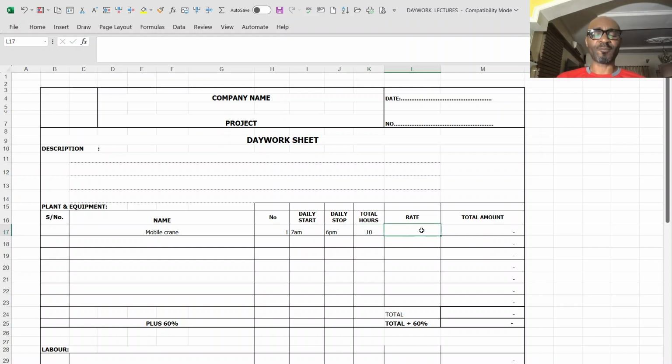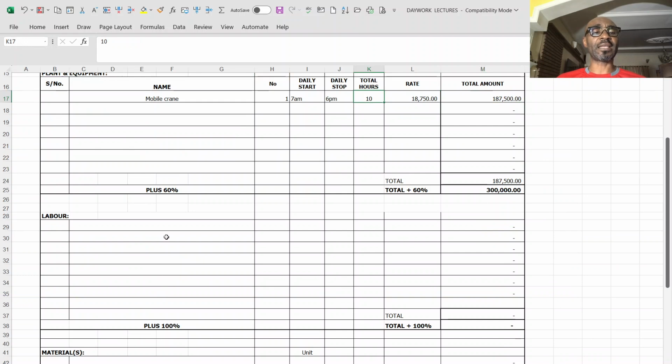Say the mobile crane is 150,000 per day, divided by 8 hours. So I have 18,750 per hour, and it spent for this day 10 hours.